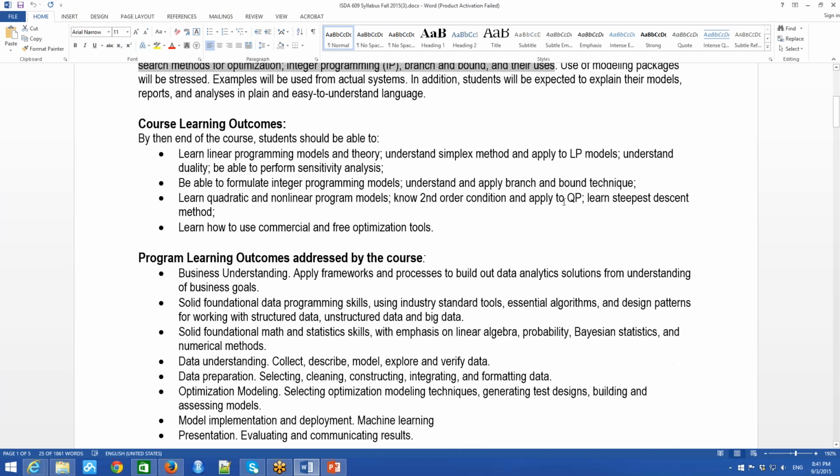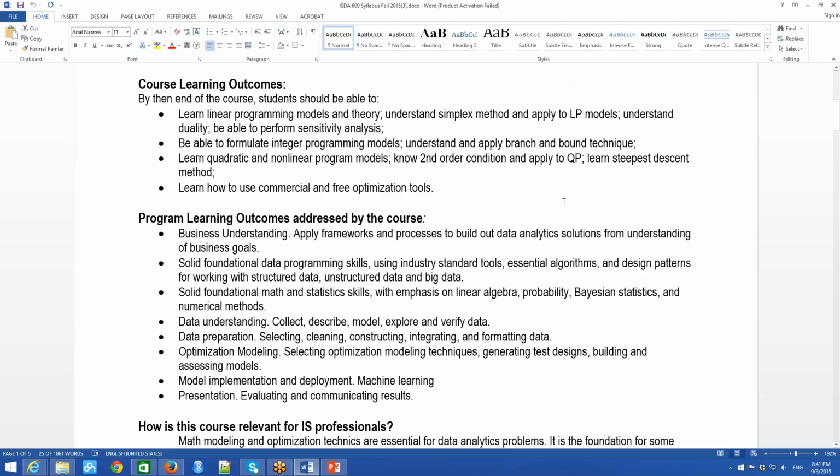And then we're going to learn linear programming models and theory, and we're trying to understand and apply branch and bound techniques for integer programming. We are going to learn quadratic and nonlinear program models. Remember that in machine learning, many of the algorithms themselves are mathematical programming problems.